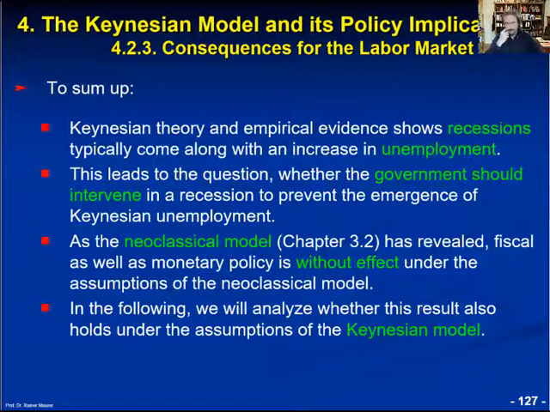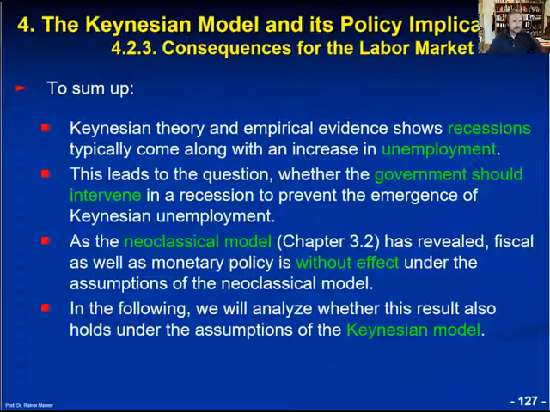To sum up, Keynesian theory and empirical evidence shows recessions typically come along with an increase in unemployment. This leads to the question whether the government should intervene in a recession to prevent the emergence of Keynesian unemployment.